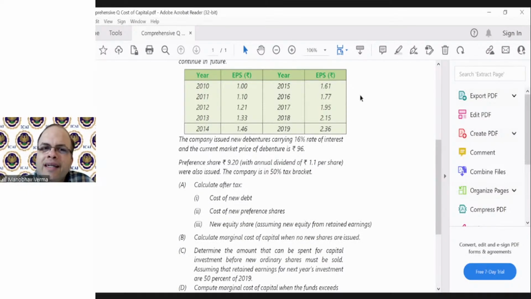I think the most interesting question here is probably to calculate the cost of equity, guys. Okay, so let us do that as well.